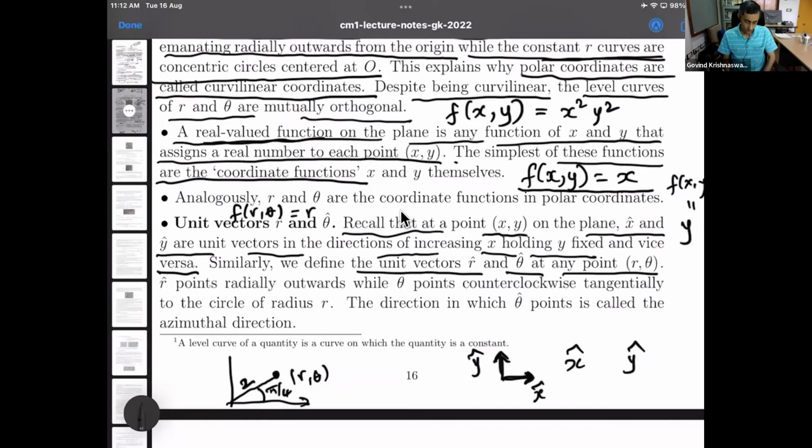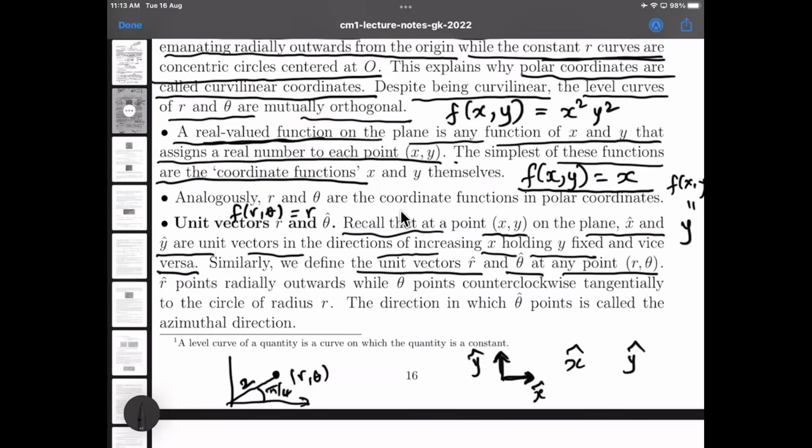Now in words, r hat should point in the direction of increasing r holding theta fixed. That is the basic idea. And similarly, theta hat should point in the direction of increasing theta holding r fixed. Okay, is the definition or the idea clear?